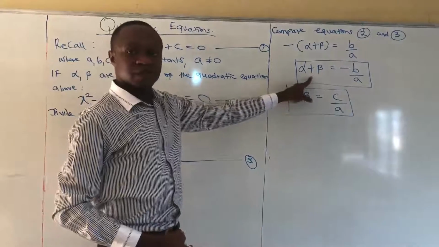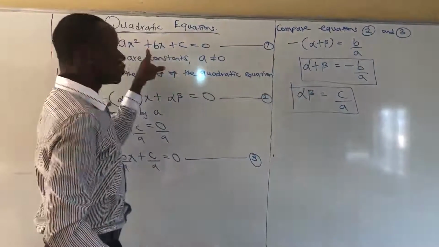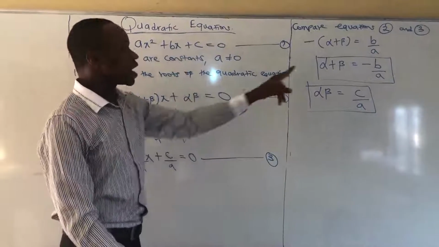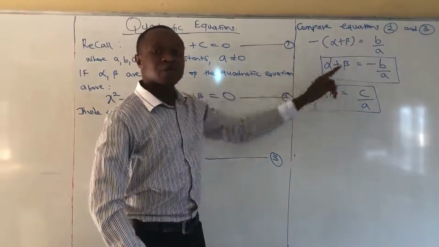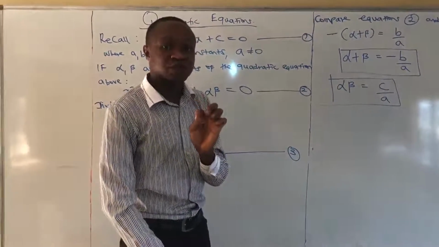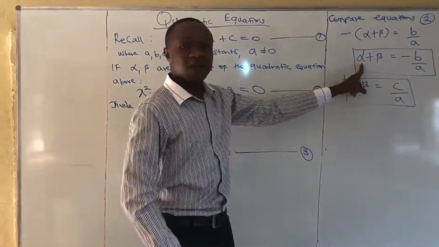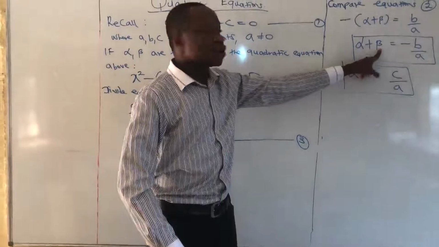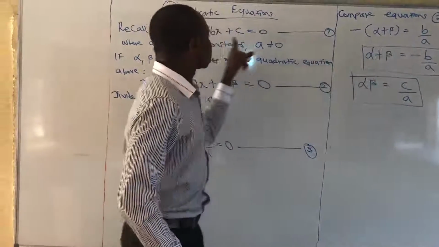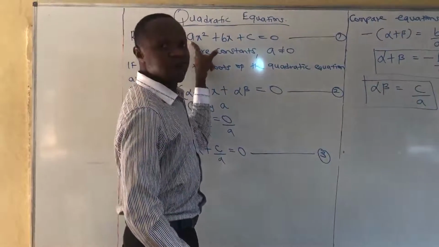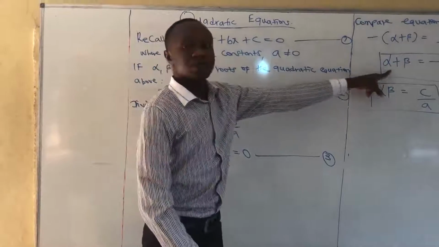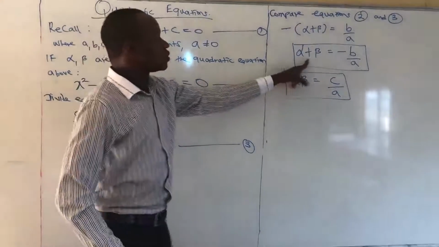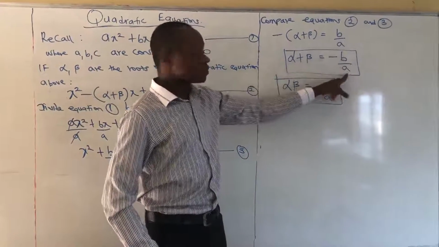It means whenever you are given a quadratic equation, like equation 1, and you are asked to find the sum of the roots, you don't need to know the roots. You don't need to know the value of alpha and the value of beta. Only the coefficients in the equation will give you the sum of the roots and also the product of the roots. Sum of roots is minus b over a.